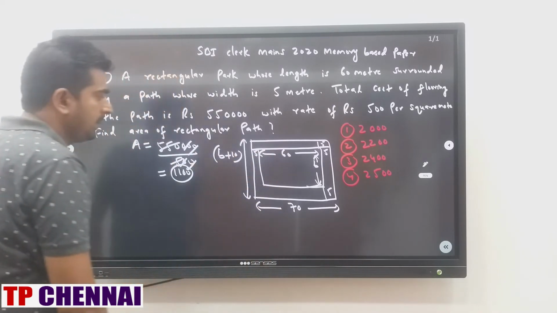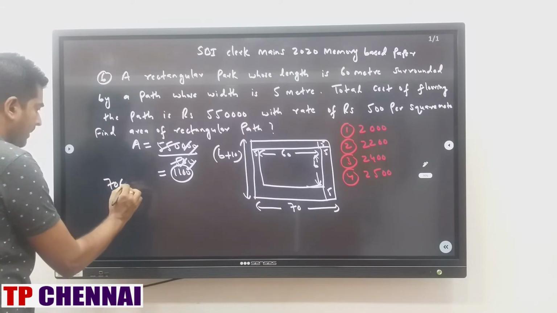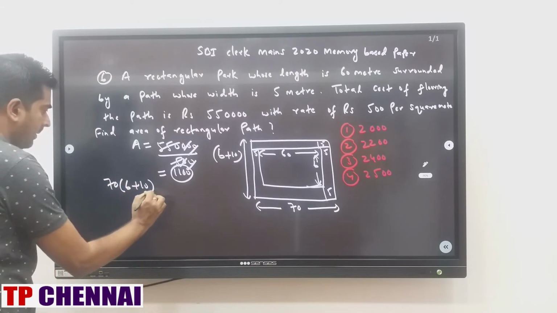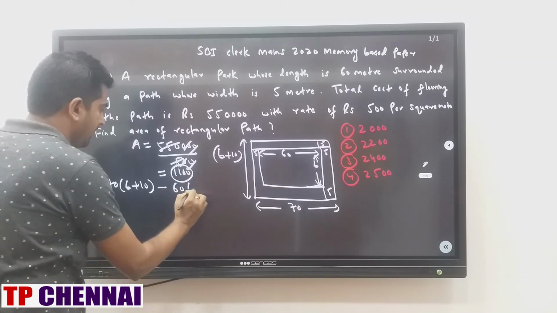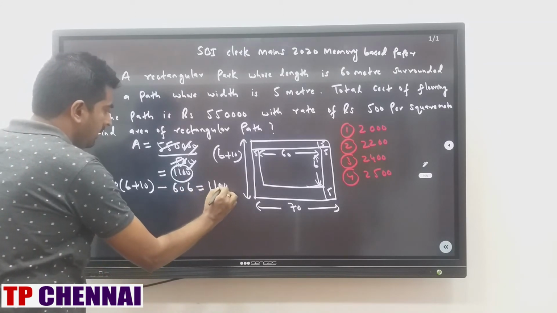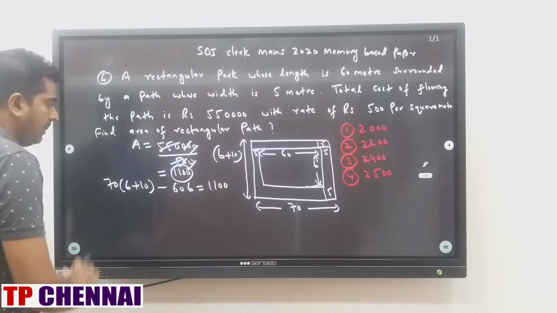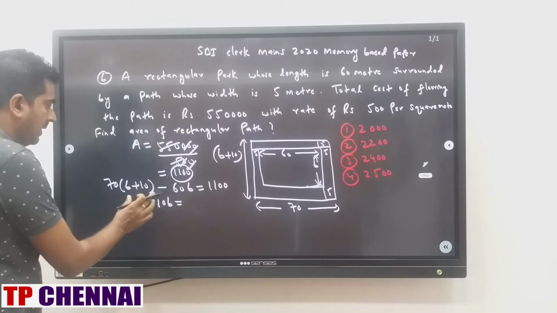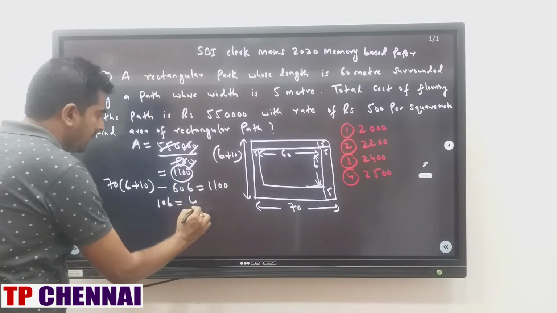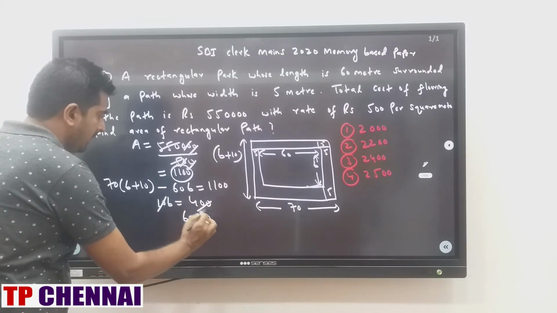What is the area of the bigger rectangle? 70 into B plus 10, minus the area of the smaller rectangle, 60 into B, is equal to 1100. Right? 70B minus 60B is 10B, and 700 will go there, so it is 400. So B will be 40.